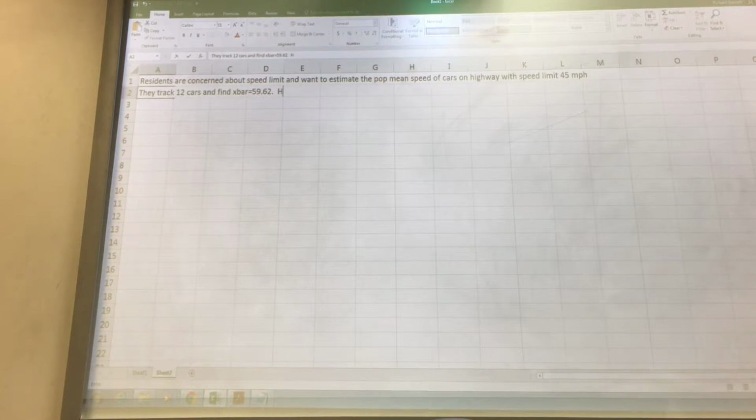Highway patrol tells them the population standard deviation is 6.2 miles per hour. Create a 90% confidence interval. Are the residents correct that speed is a problem?